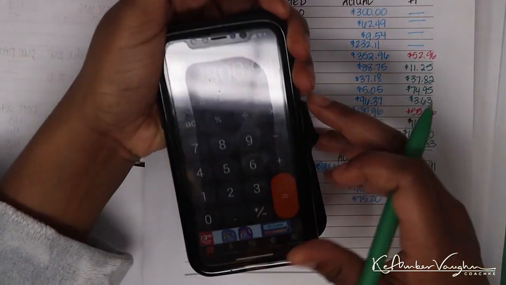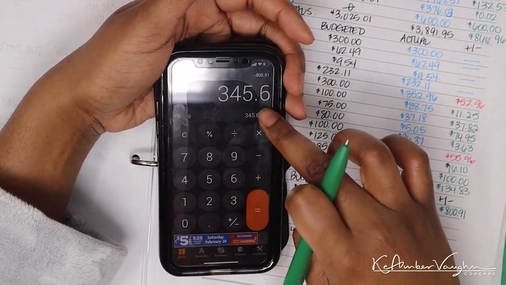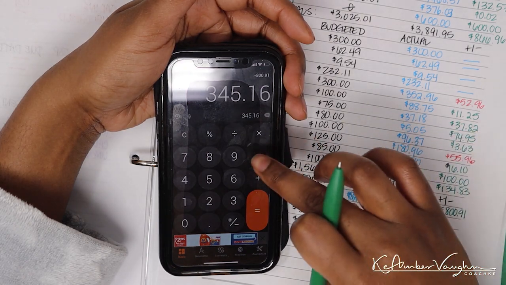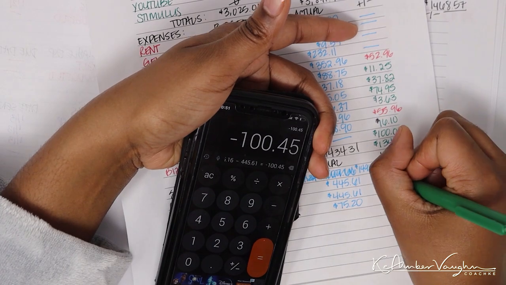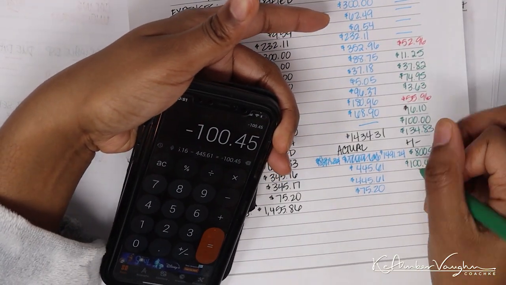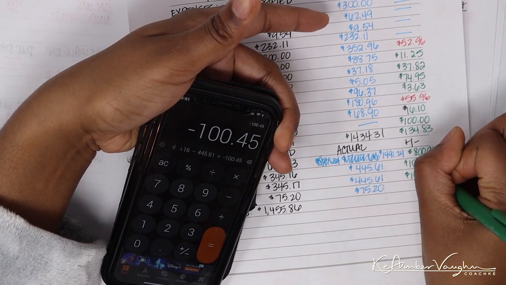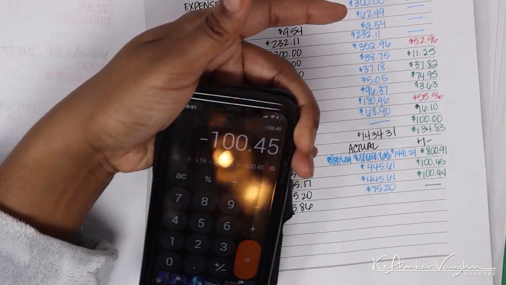Okay, so the medical account, we have $345.16 minus $445.61. I saved $100.45 more. And this one is blank.